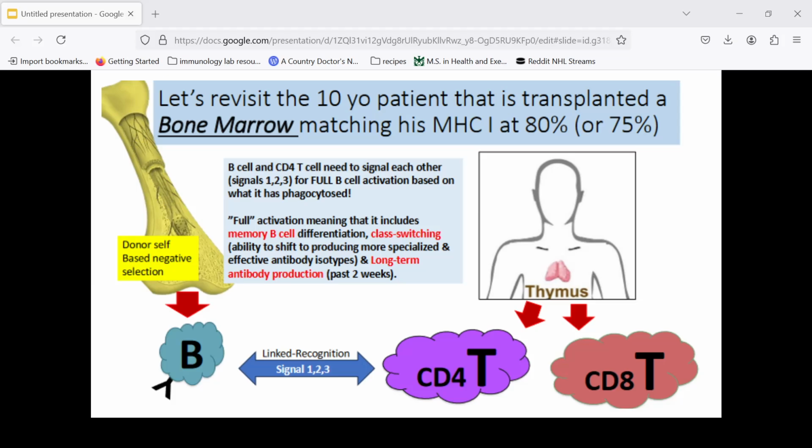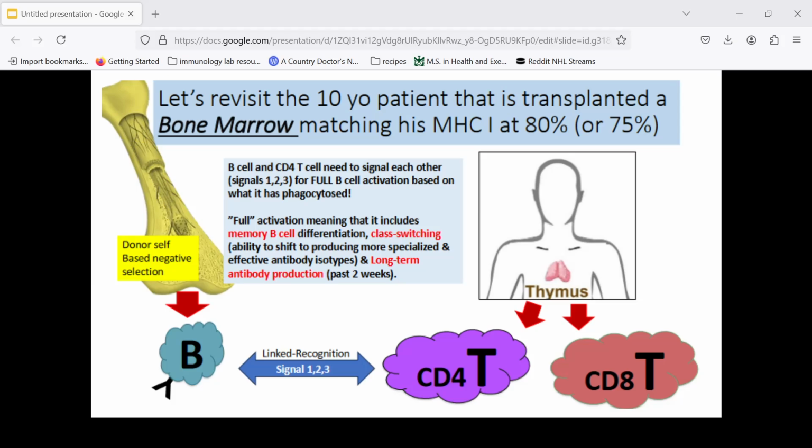If we had some kind of issue, this would be graft versus host disease. I know we talked about this. The way to remember this is that it is the graft that is attacking the host.